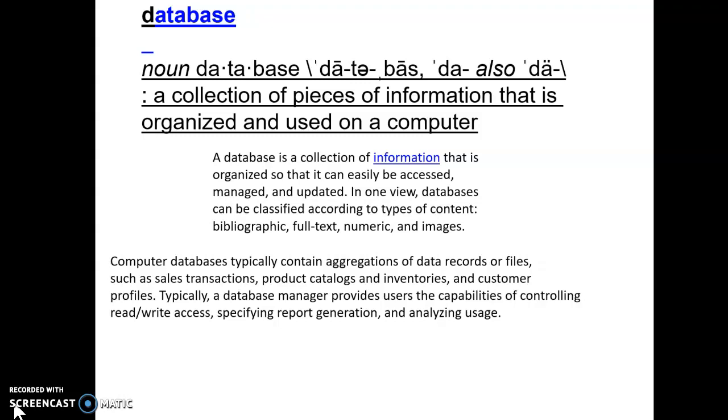This could be information about the weather, right? It could be information about earthquakes around the world. There are thousands and millions of other kinds of databases that aren't customer databases. But the definition of that kind of database, again, is information that's organized so it can be easily accessed, managed, and updated.